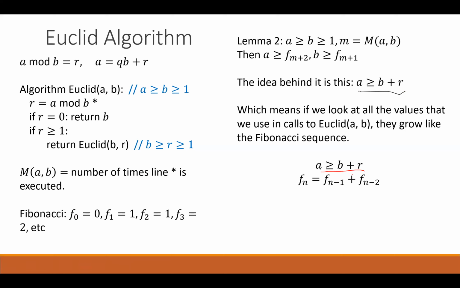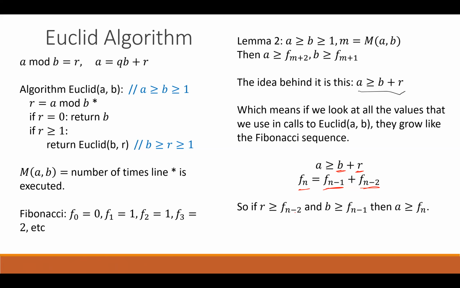Except in this case, A might be even larger. Okay, so if we can prove that, for instance, B is at least f of n minus 1 and R is at least f of n minus 2, then we can show that A is at least f of n. And then we can kind of bound the running time based on how many Fibonacci numbers there are in the sequence.